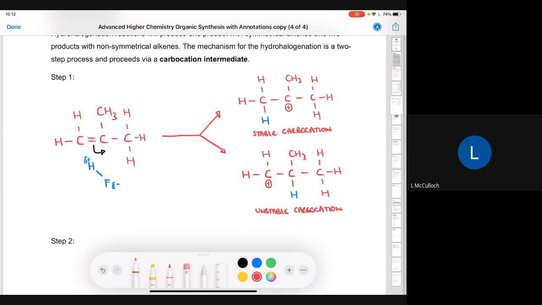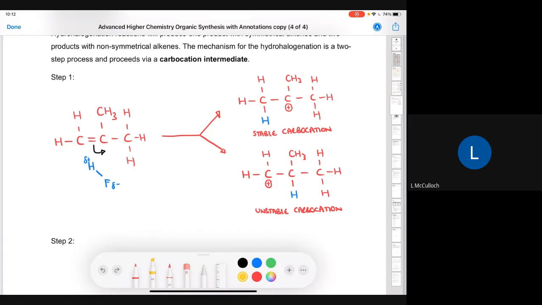So what would usually happen is our unstable carbocation would usually form the alkene again. So essentially this hydrogen will be knocked off and will reform the double bond between the 2 carbon atoms. So that's what's going to happen there.